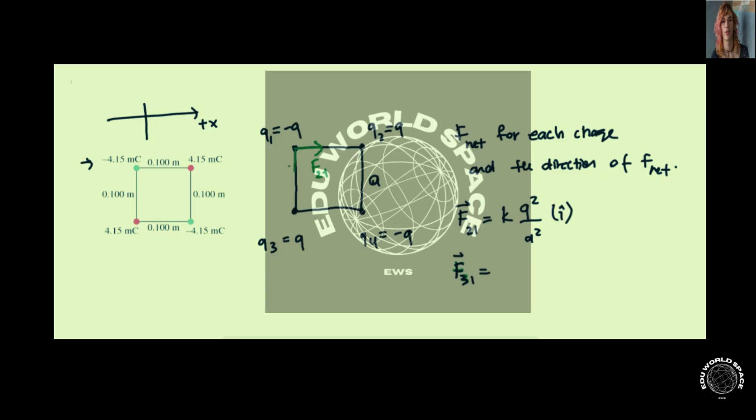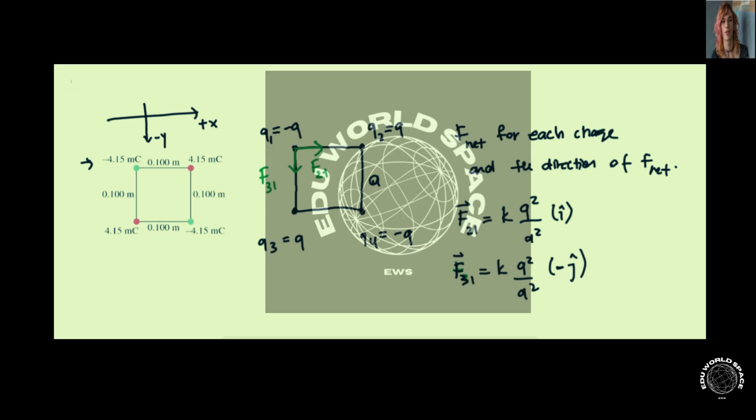So Q1 is going to be attracted towards Q3, therefore the direction of F31 is going to be down. Conventionally, down means negative y direction, so we're going to use negative j hat as the unit vector. The magnitude is still kQ squared over A squared, because it is the magnitude of the first charge times the magnitude of the second charge divided by the square of the distance between the two. Since the distance is A, let's put the unit vector there as negative j hat. So far, so good.